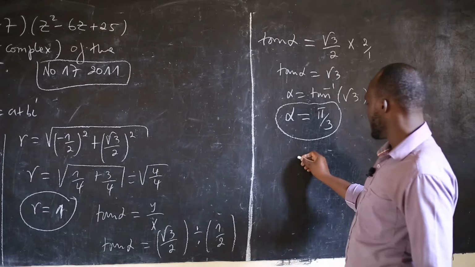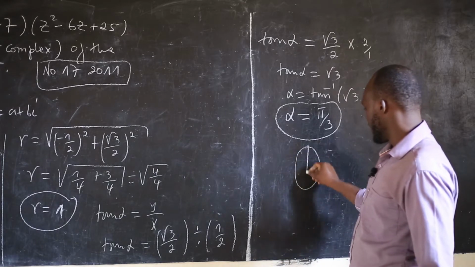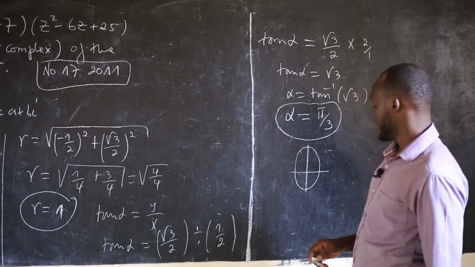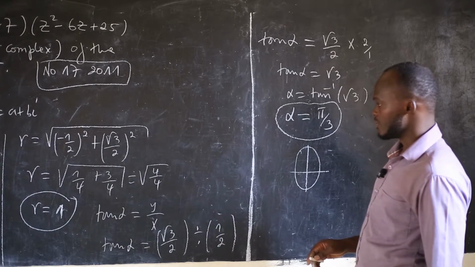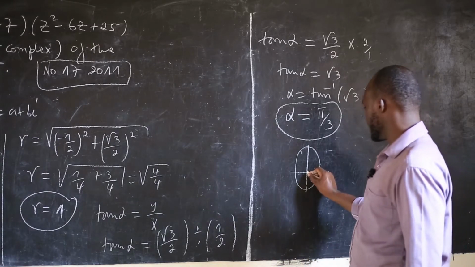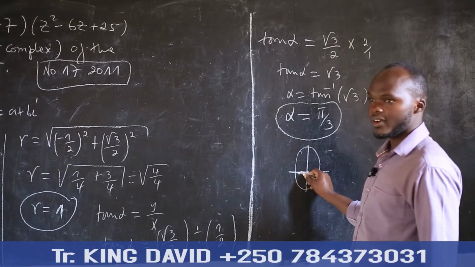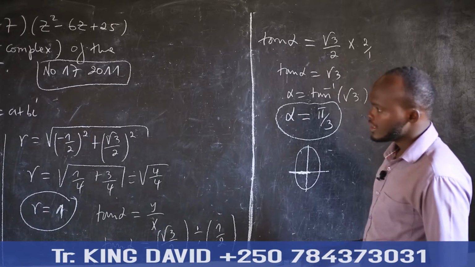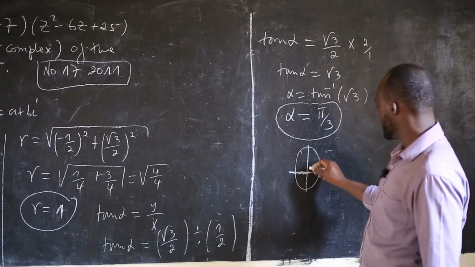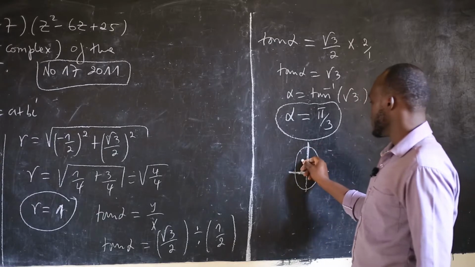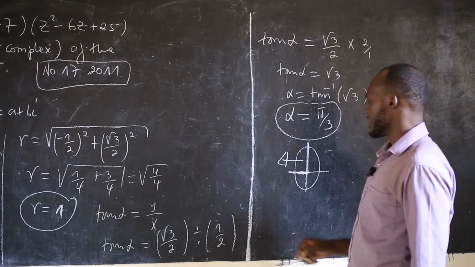But remember, we use quadrants. On the x-axis, we have negative half, so you will find it on this side. Then y is root 3 over 2, which is on the positive side of y. You see, it will be here in the second quadrant.